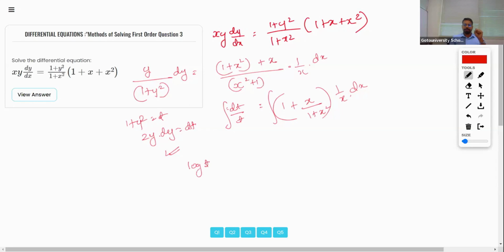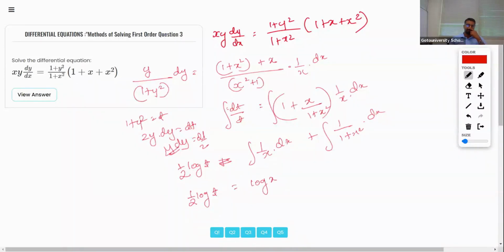So dy y is actually dt by 2, so it's 1 by 2 logarithm of t, which is equal to integral of 1 by x dx plus integral of 1 by 1 plus x square dx. So it is 1 by 2 times logarithm of t, which is equal to logarithm of x.